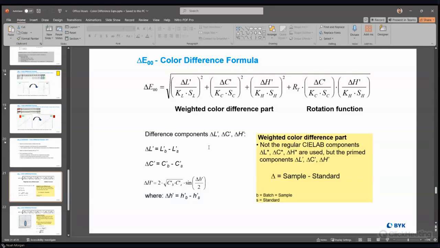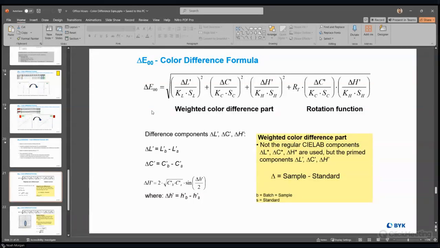And so this is what's interesting, but we see it's all weighted. And what that means is your L, your C, and your H are weighted. What this equation actually does is once you get to a chromatic color, because our eyes can easily detect differences in pastels or achromatic colors, or light grays or beiges, we can easily see those differences.